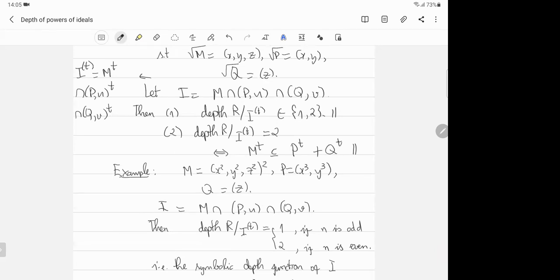Because in this case, you know precisely what the facets of this complex are. It has only 3 facets. So it is very easy to discuss when the degree complex of the symbolic power with respect to some vector is connected or not.